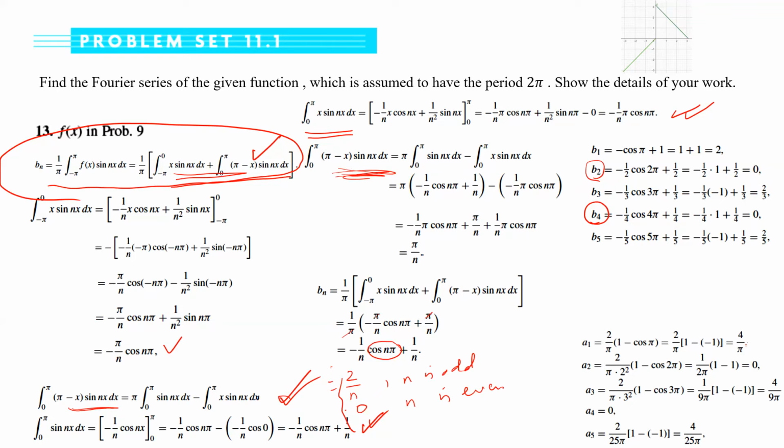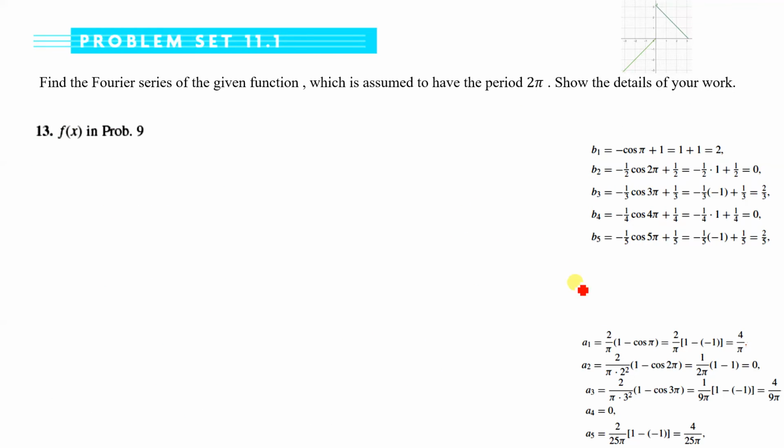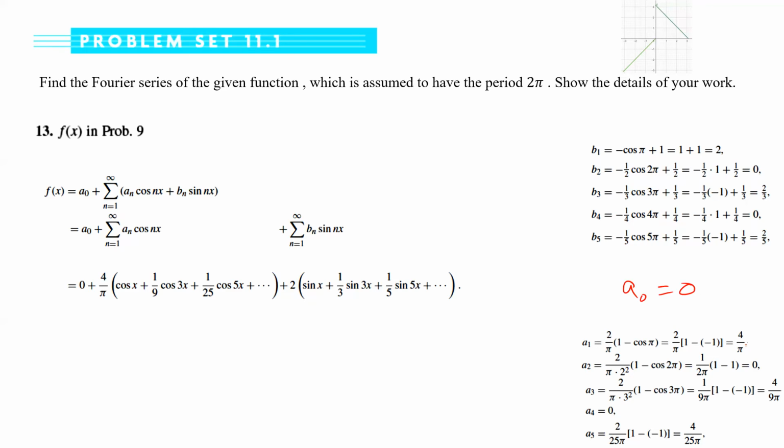The next step is to find the series after substituting all the values. We also have a naught equal to 0, and the values of b's and a's are written here. So let's find the series. This series can be written as this, and let's substitute all the values.